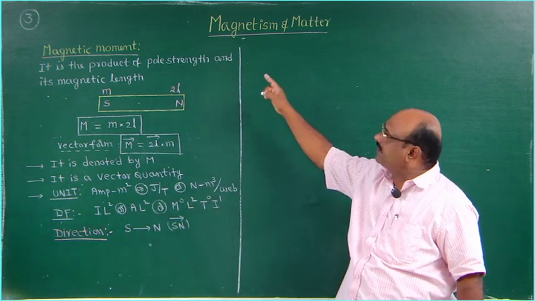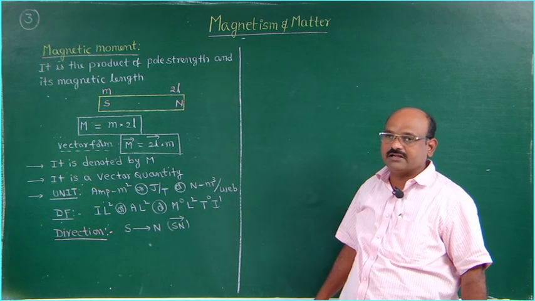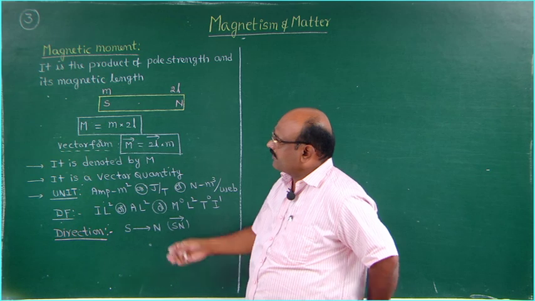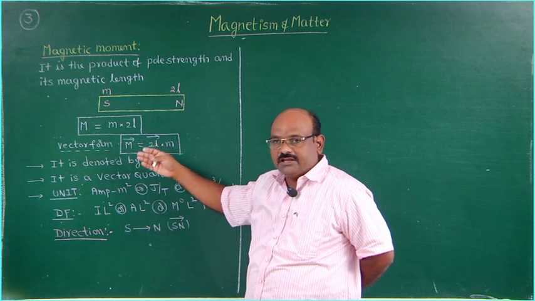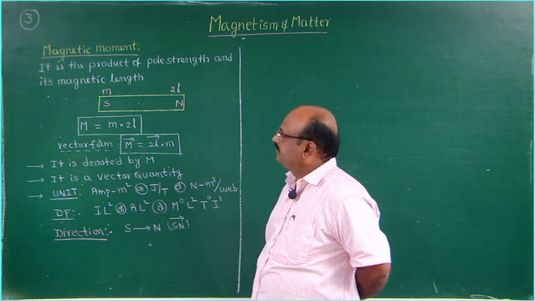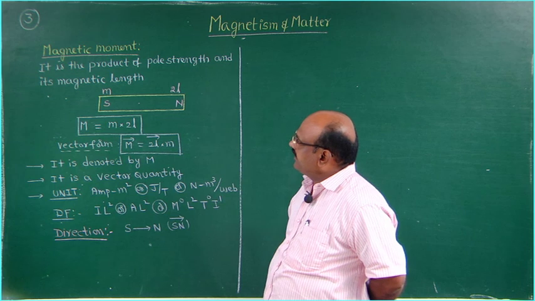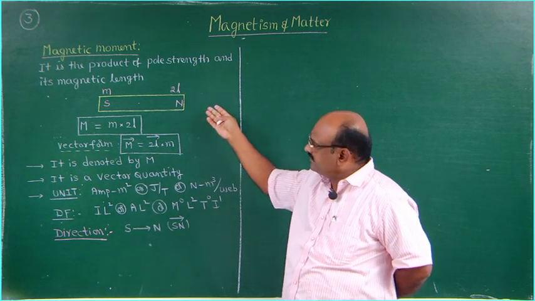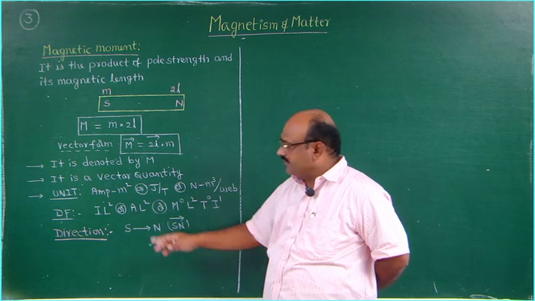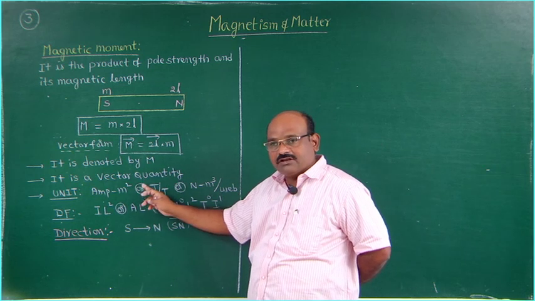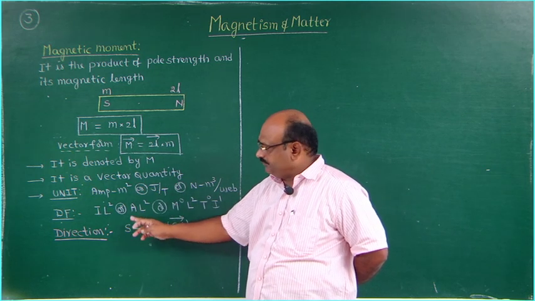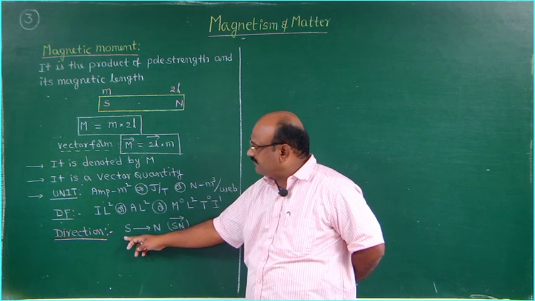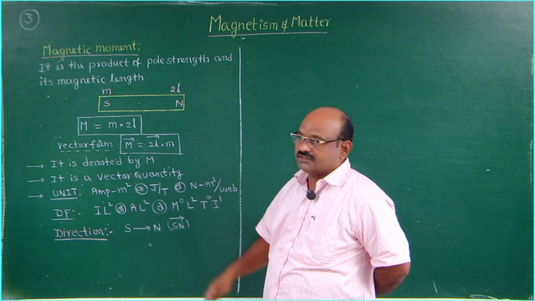It is also an integral part of the chapter magnetism and matter. It is a very important definition and important concept for upcoming JEE Main, JEE Advanced applications as well as the problems. Basically, what is the definition of the magnetic moment? It is the product of pole strength and a magnetic length. It is denoted by the symbol M, is a vector quantity, and the unit and dimensional formula I have given, and the direction is always from south to north.